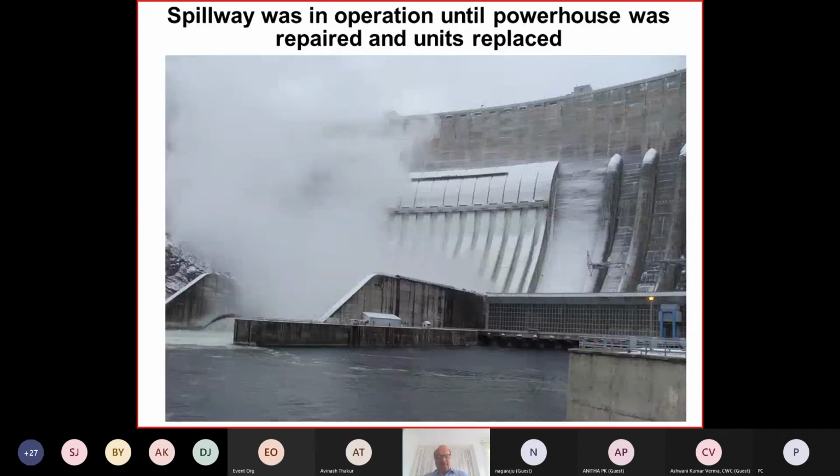Okay, now what was then the problem? This problem was made during, let me say, electromechanical work, and due to the failure of both, it has not affected the dam, the accident for the powerhouse. So it would be not a problem for dam safety, but eventually it also becomes a dam safety problem.